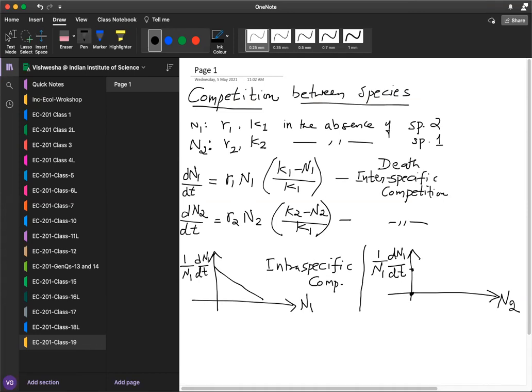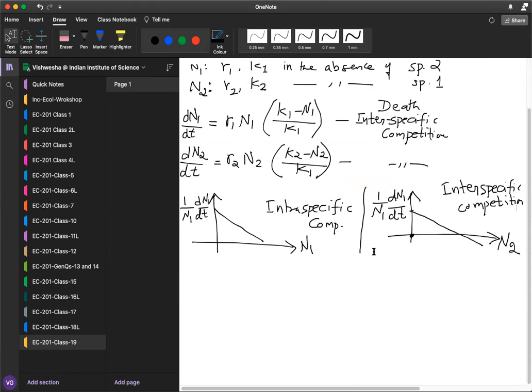So again, the simplest model is to assume that it reduces in a linear way. So we can apply the exact same principle here. And then we can write down the equation as follows.